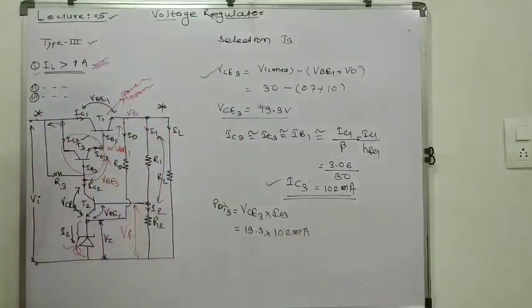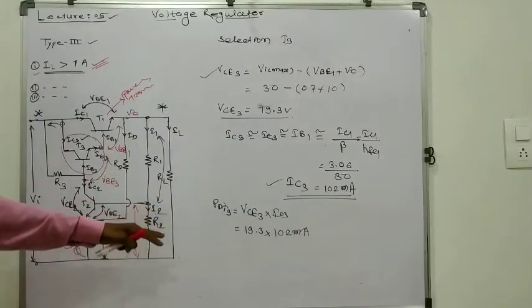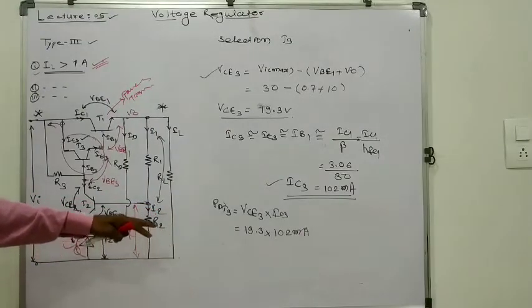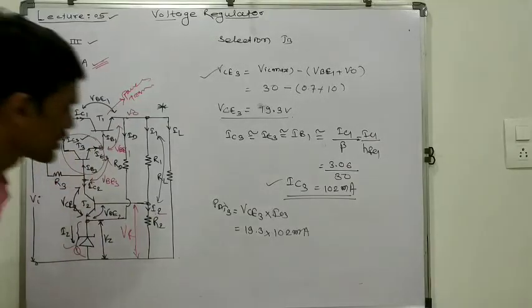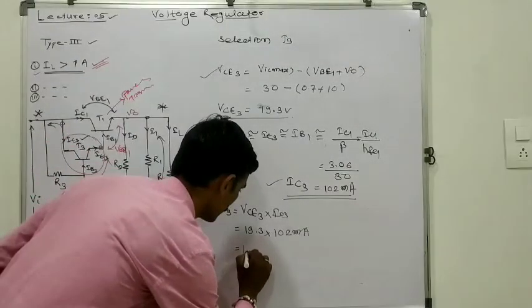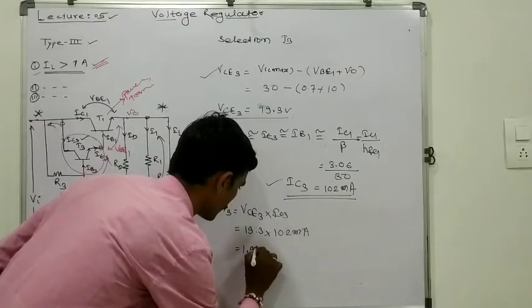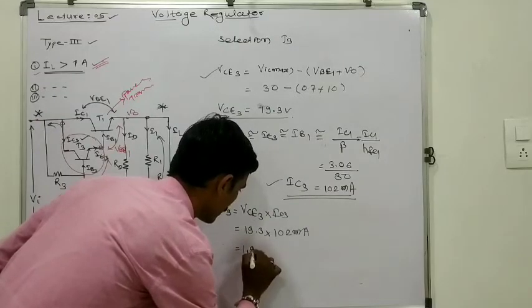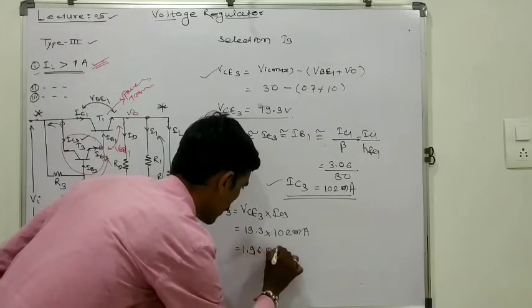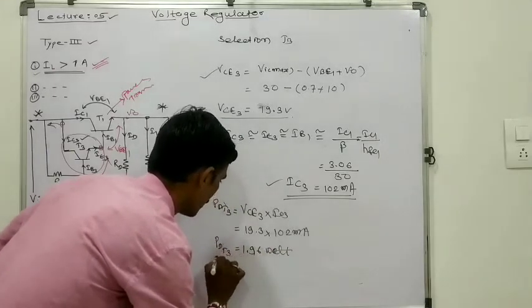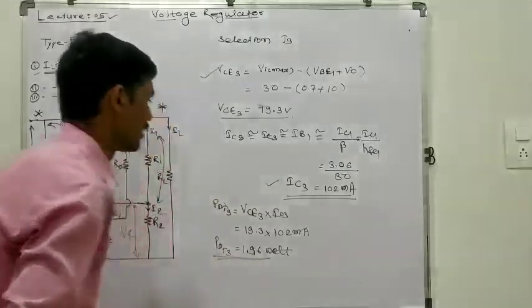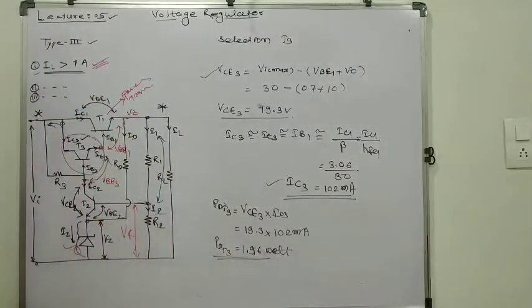This multiplication is the power dissipation across transistor T3. It is equal to 1.96 watt.